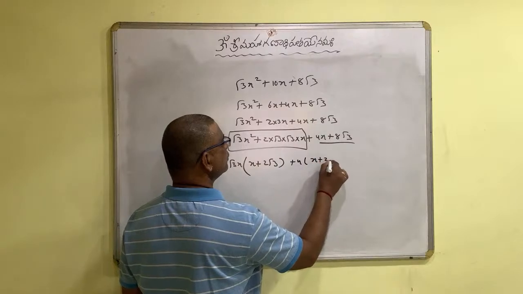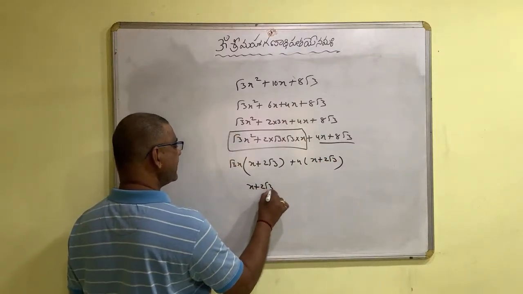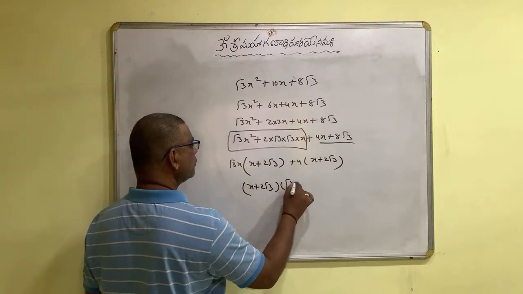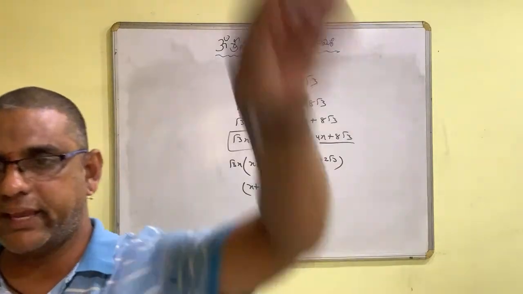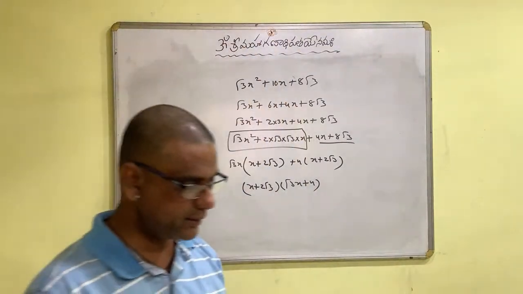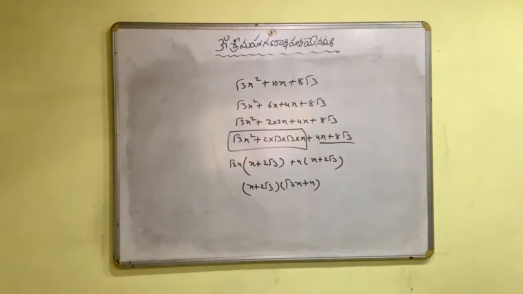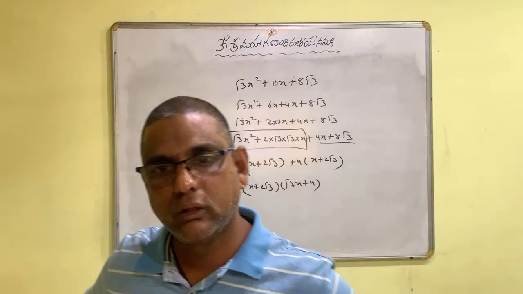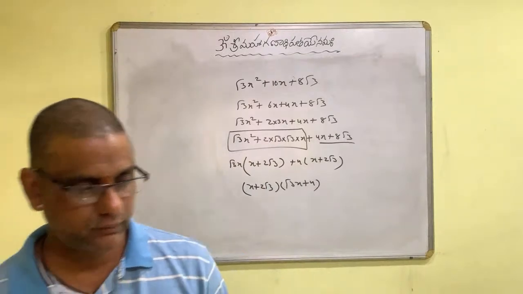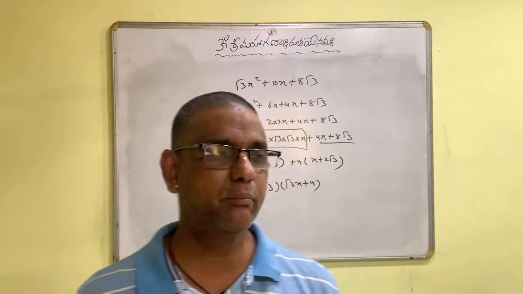So x plus 2 root 3 into root 3x plus 4 are the factors. Okay, na? So that's all for today. We'll meet again tomorrow for factorizing cubic polynomial.